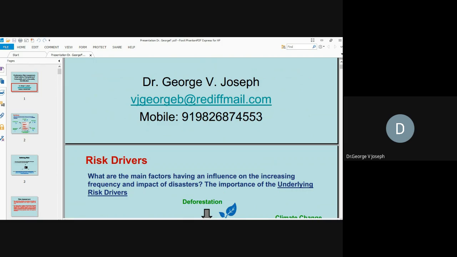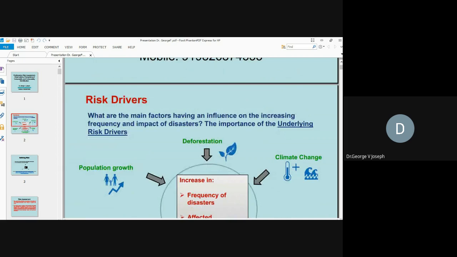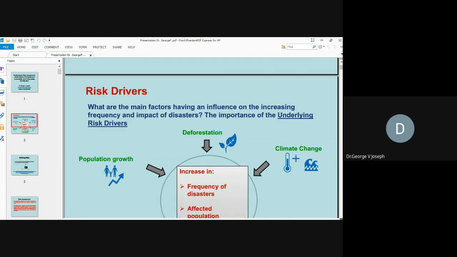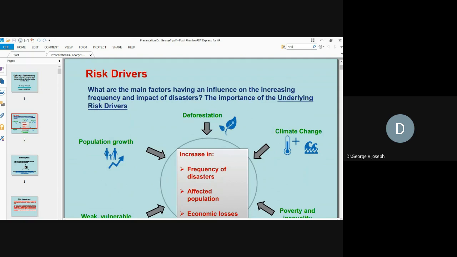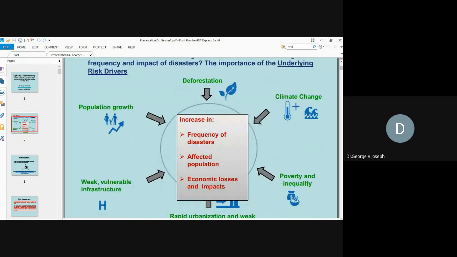There are so many risk drivers, because of various factors like population growth, deforestation, climate change, or even the infrastructure which is being created. It is not disaster resistant.